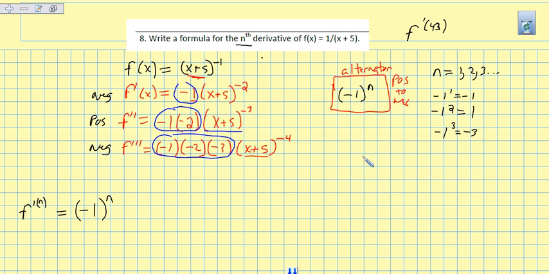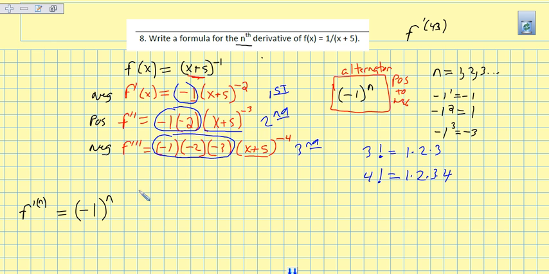Well, hopefully you remember that this is just 3 factorial. 3 factorial is equal to 1 times 2 times 3. 4 factorial is 1 times 2 times 3 times 4. So here, this is the first derivative, the second derivative, and the third derivative. So when I'm on the third derivative, my answer is negative, so that would be a 3 there. And when I'm on the third derivative, it's multiplied by 3 times 2 times 1.